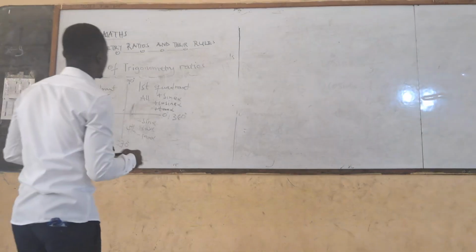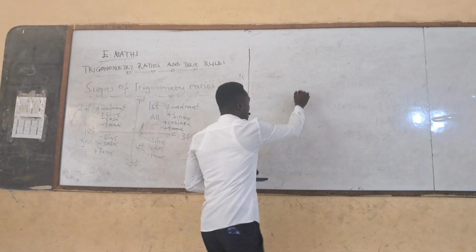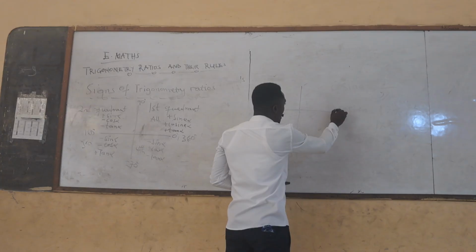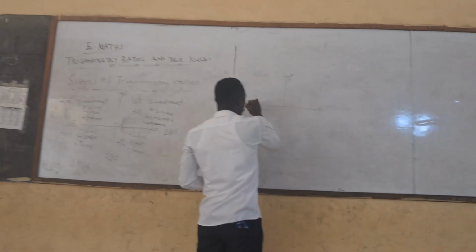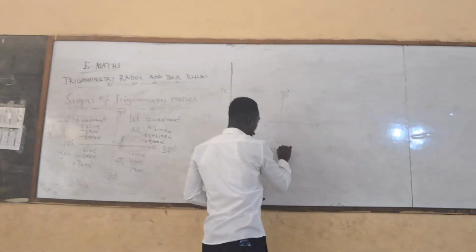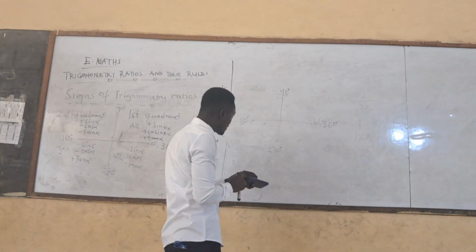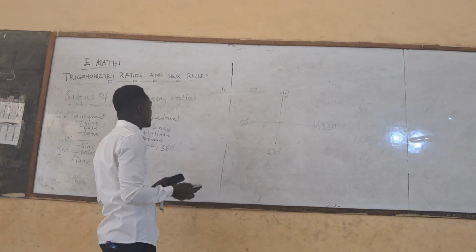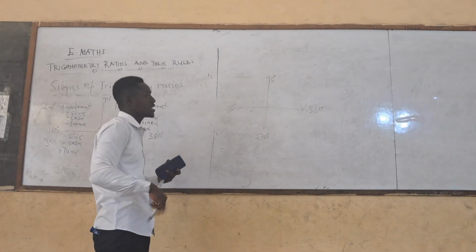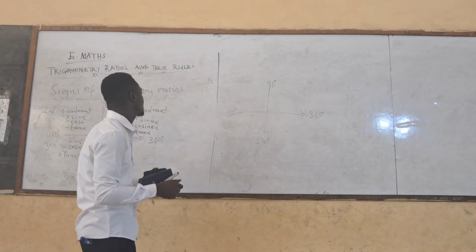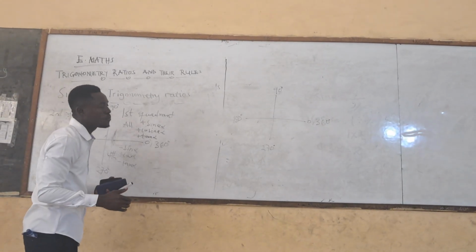All that we are trying to say is that you have 0 to 90, 90 to 180, 180 to 270. We said in the first quadrant all of the basic ratios are positive.